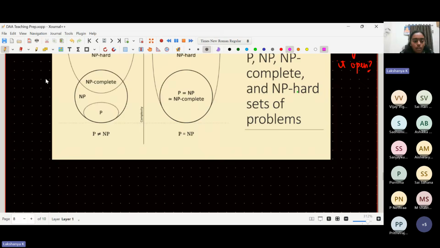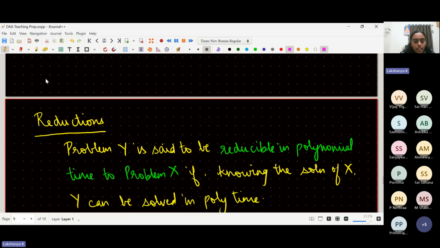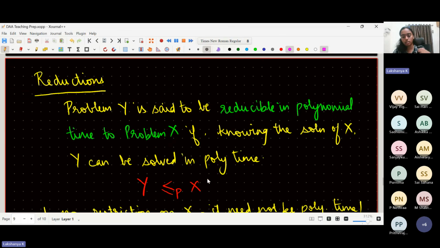So, are we comfortable with complexity classes? Can we move to reductions? Okay. Do you want a break or shall we continue? I'll tell you what's left, what I've planned.